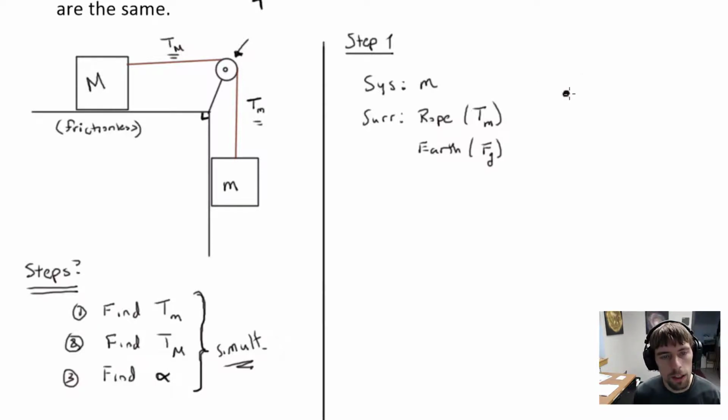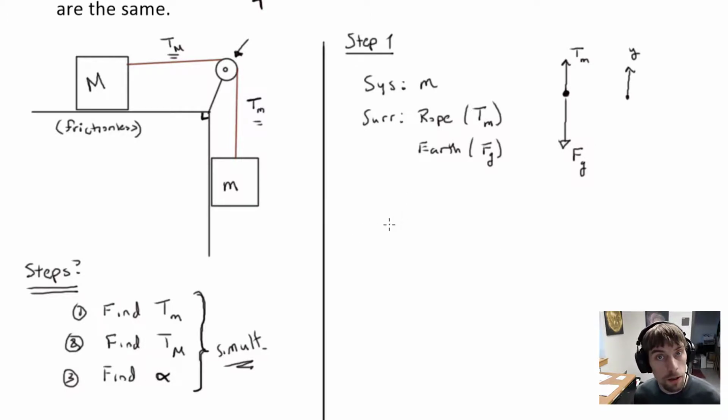We do our free body diagram. Tension force is up, T_m. My gravitational force is down, F_g. And I'll call that direction positive y. We have 1D motion. I don't need to worry about the rest of this right now.